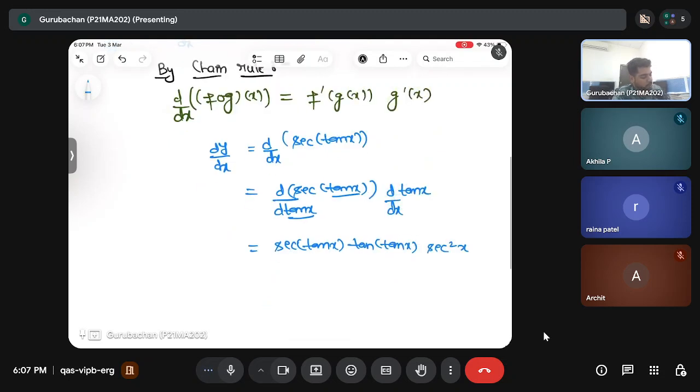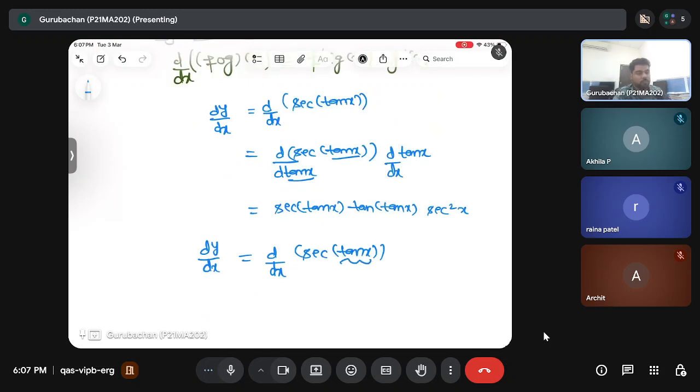Another way is to do it directly, that is, treat this 10x like a normal x. Then what will be the differentiation? Secant x tan x, and in place of x it is 10x, so you just need to write secant 10x tan of 10x.